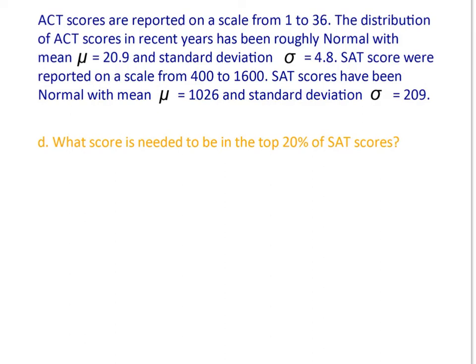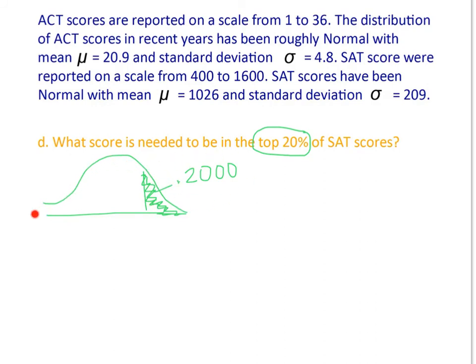Well, this is kind of building on what we just talked about with the 25th and 75th percentile. If I want to be in the top 20th percent of ACT scores, that means on my curve I want to be up here with the area of about 0.2000. Well, if 0.2000 is up here, what does that mean down here is?